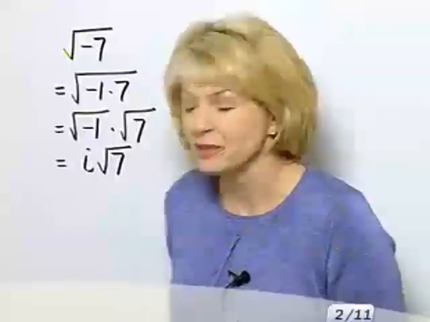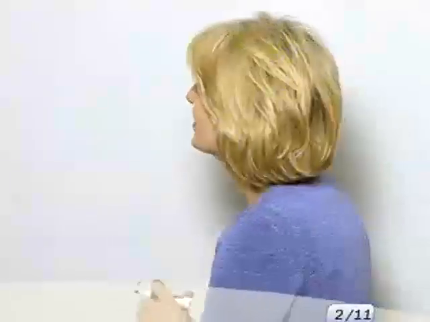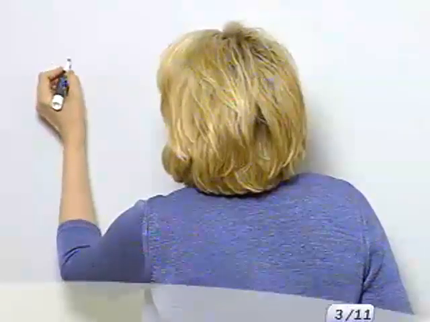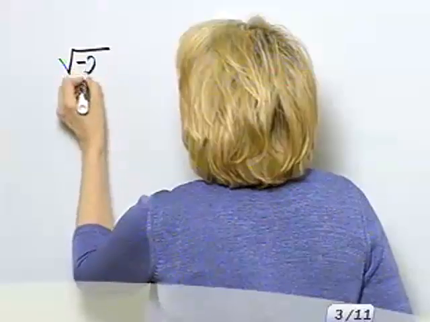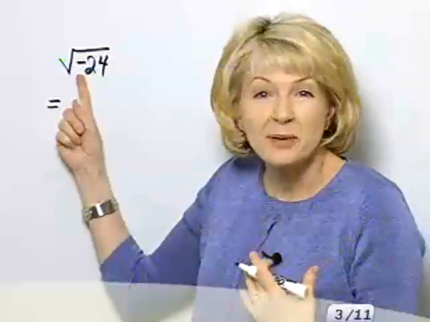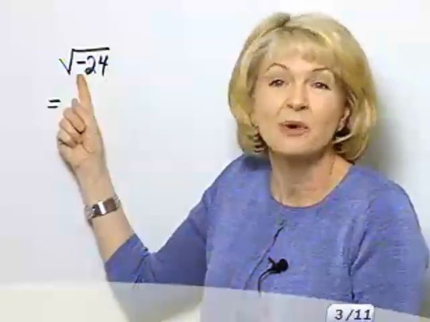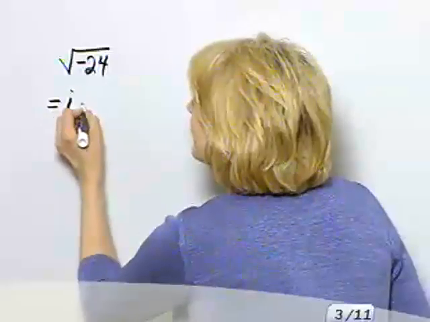And then let's simplify one more expression before we look at another definition. Let's suppose I have the square root of negative 24. You can just simply remember that this is the square root of negative 1 times the square root of 24. So it is i times the square root of 24. Then look for any perfect square factors of 24.